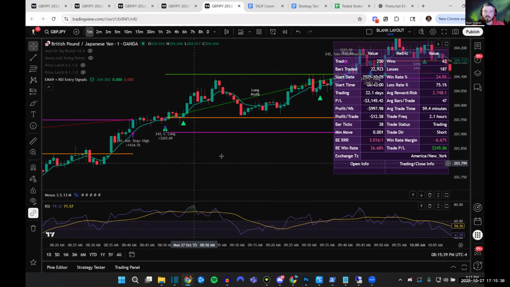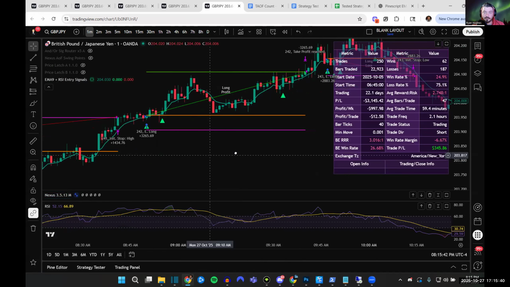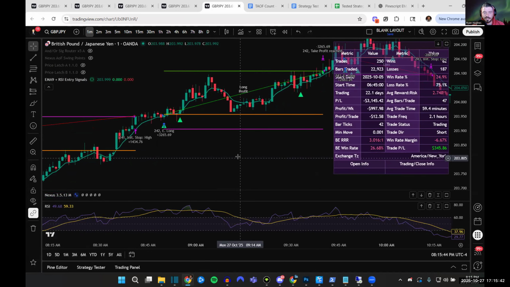But now the process, and here's where the magic comes in, my process of playing around with things. Keep in mind that Nexus is good at finding the correct results to get the most you can out of a strategy, but it works on a double-edged sword. If you tweak things too finely, you will overfit a strategy and curve fit it. That basically means all you're doing is making it profitable for the last, in this instance, 21 days.